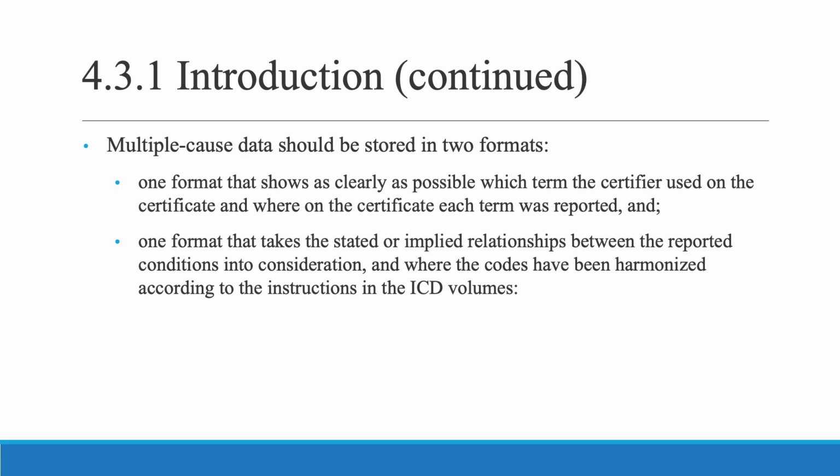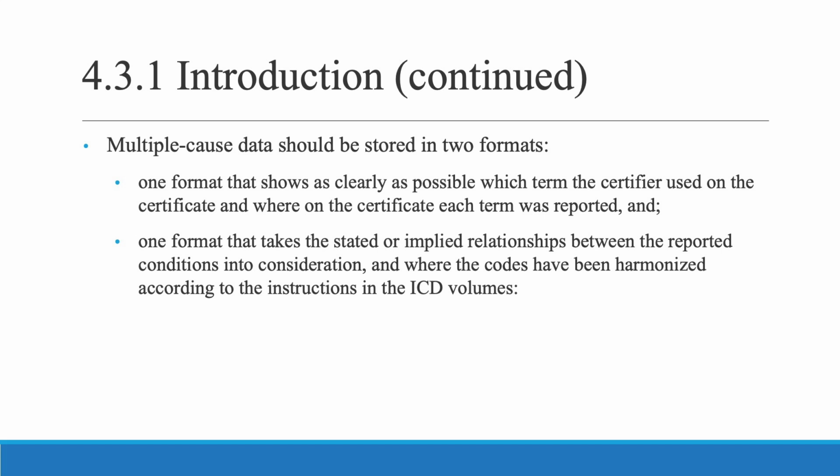Also, multiple cause data should be stored in a format that takes the stated or implied relationships between the reported conditions into consideration and where the codes have been harmonized according to the instructions in the ICD volumes. Automated mortality classification systems such as IRIS or MMDS can and do automatically arrange multiple cause codes in each of these two suggested formats.